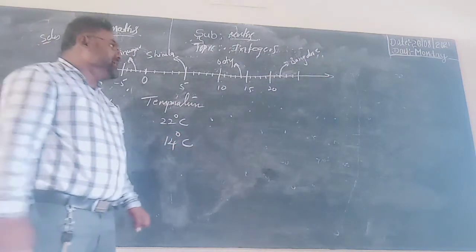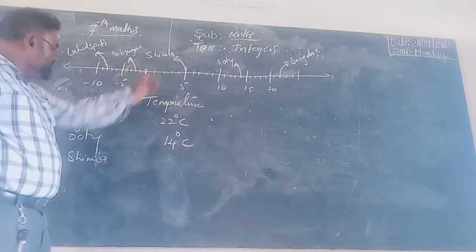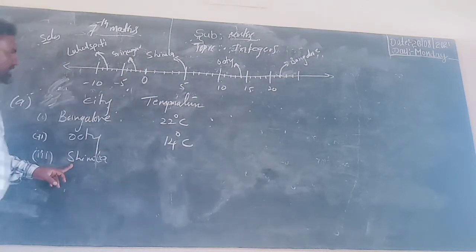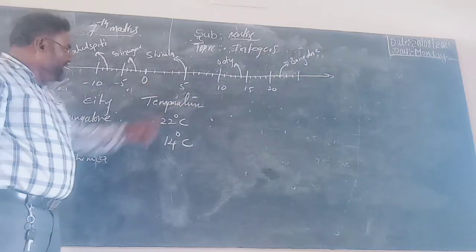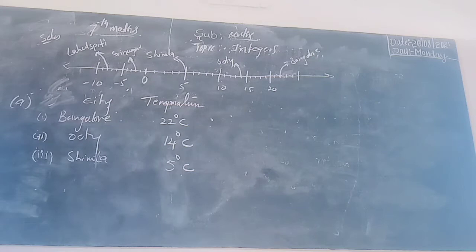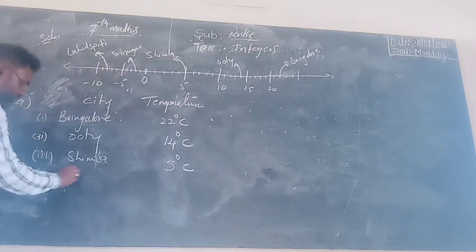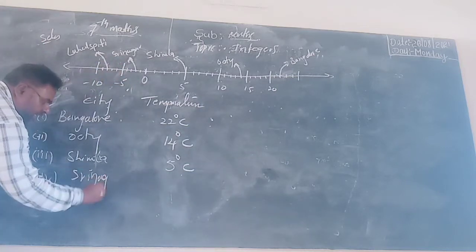That is Ooty's temperature. Next, the third city, Shimla. Shimla is 5 degrees centigrade. Next, the fourth one is Srinagar.